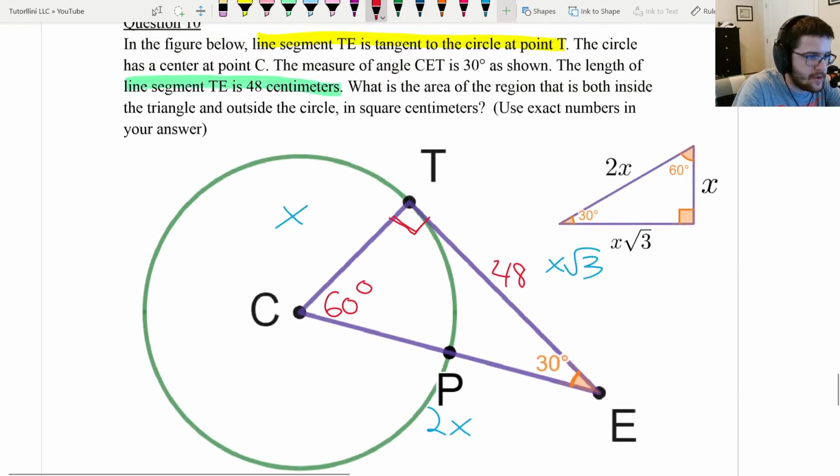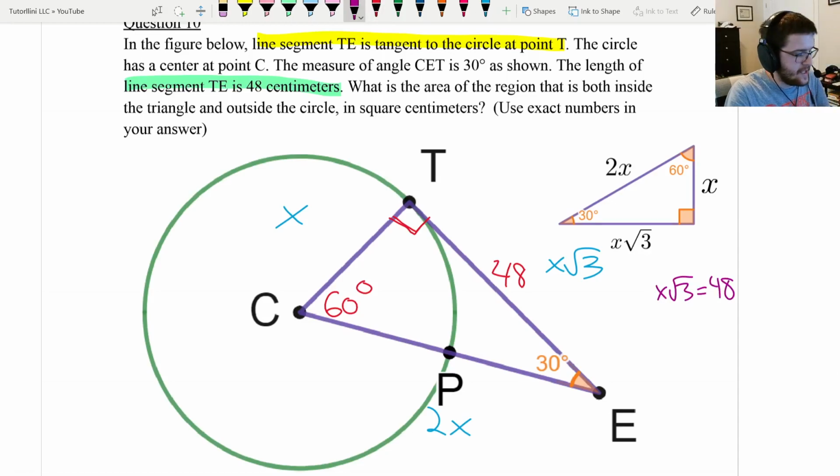Right away I'm going to recognize that x root 3 equals 48. And I'm now going to divide both sides by root 3. You can once again, if you want, just do that on a calculator. Up to you. You should get x is 16 root 3.